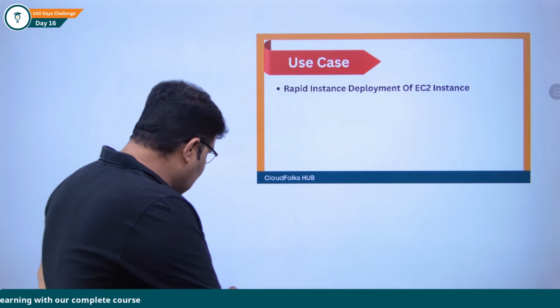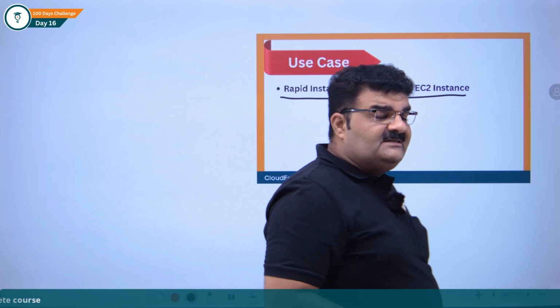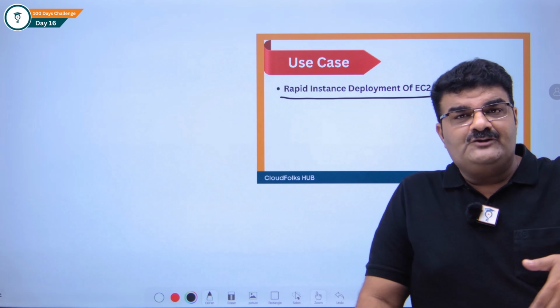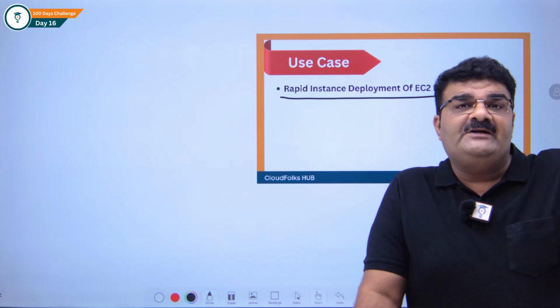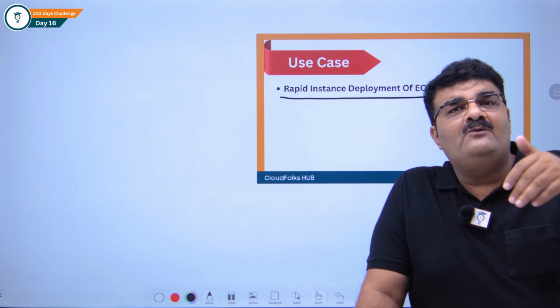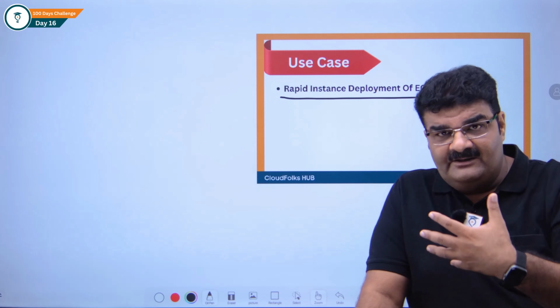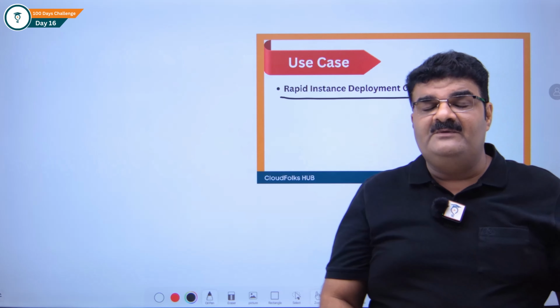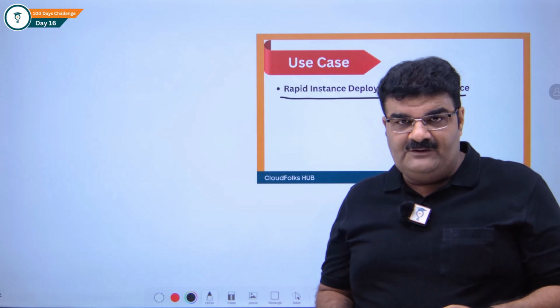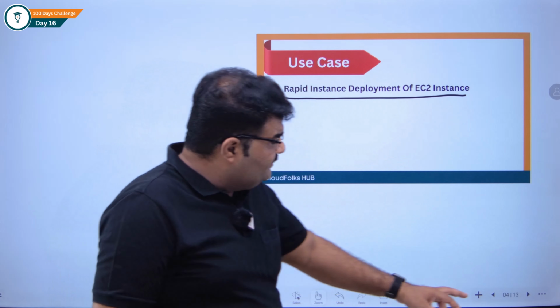The first use case is very obvious: rapid instance deployment of EC2 instances. If I go the traditional way, it will take too much time. I have to download an ISO image and all this. Here you can select an AMI and rapidly install the operating system inside your instance, which is the first use case, very obvious. Now let's talk about the second use case.